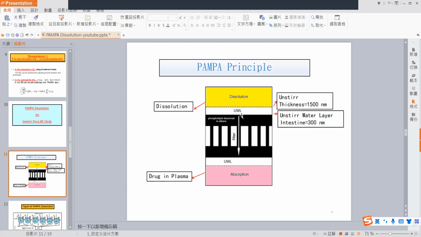So this so-called unstirred water layer is actually unstirred. If it is unstirred, the thickness is usually about 1500 nanometers. However, in real testing, it's about 300 to 100 nanometers, in that range. Therefore, you need to stir to reduce the thickness of the unstirred layer.